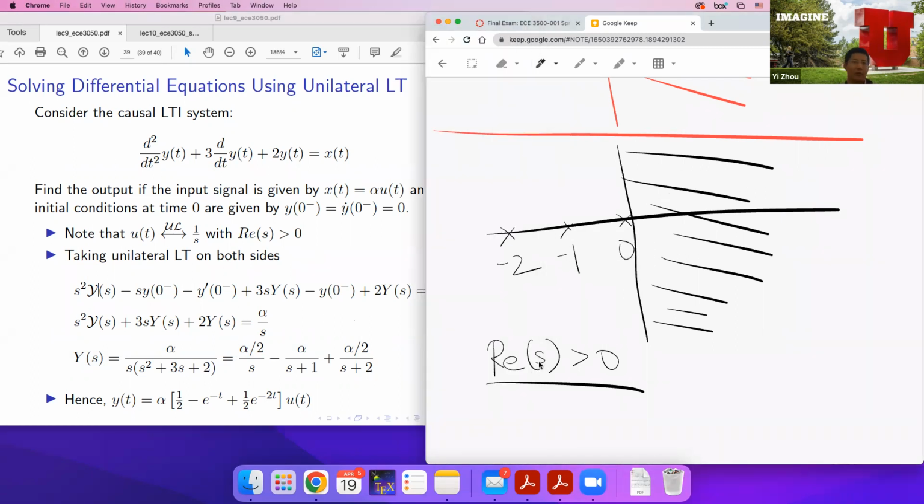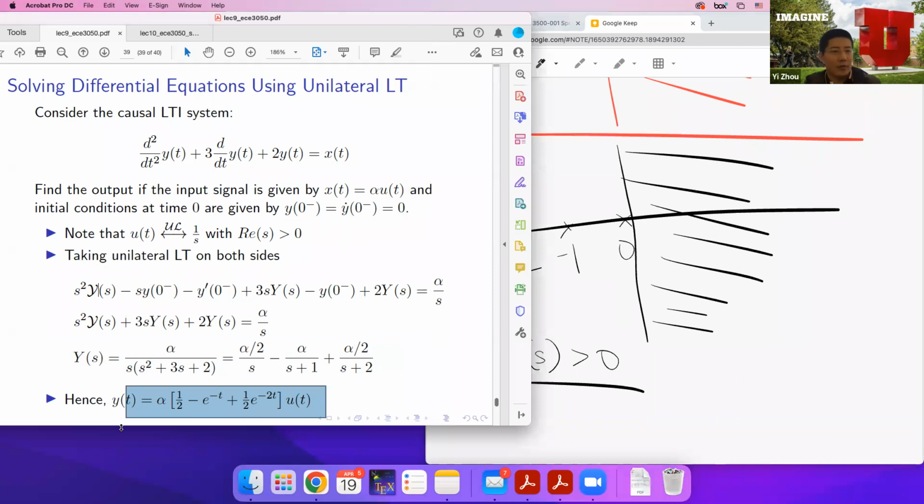Now, once you have the region of convergence, the rest of the things are standard. You look into the table, you can find out the inverse, the signal in the time domain. And this is the signal that we figure out in the time domain. Okay. So now think about this problem.